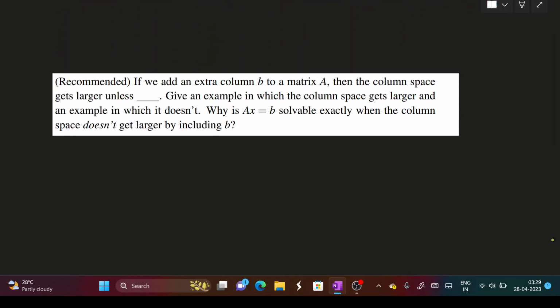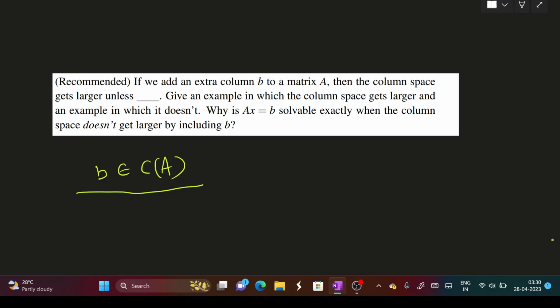Next is what it is telling. If we add an extra column B to a matrix A, then the column space gets larger unless B belongs to C of A. That extra vector, if it is belonging to C of A, then the column space will not get larger.